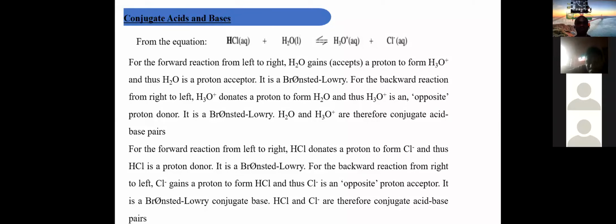But if you look at the equation that is there, I don't know whether it's clearer on your screen. We've written this equation before where HCl donates a proton. So you see here, I've actually brought the equilibrium sign.